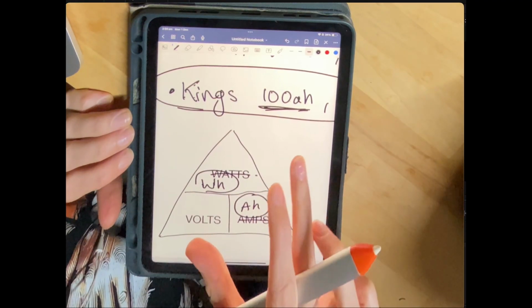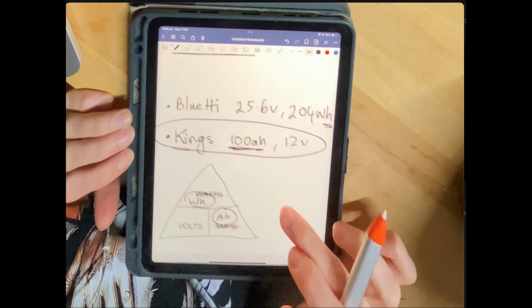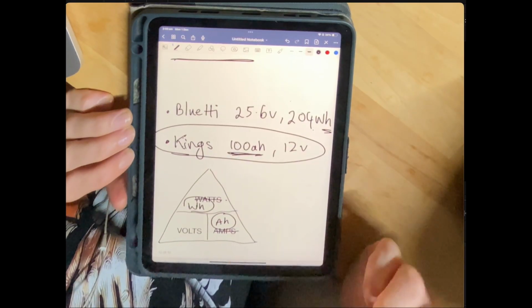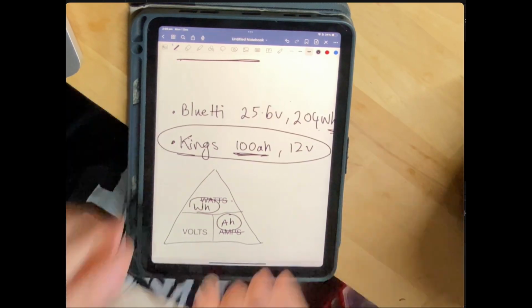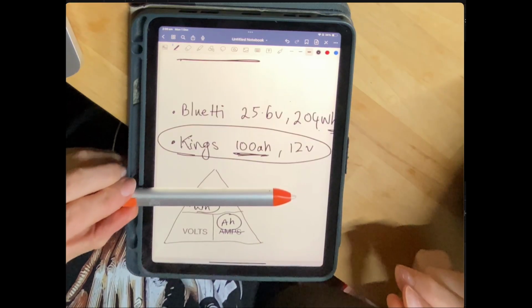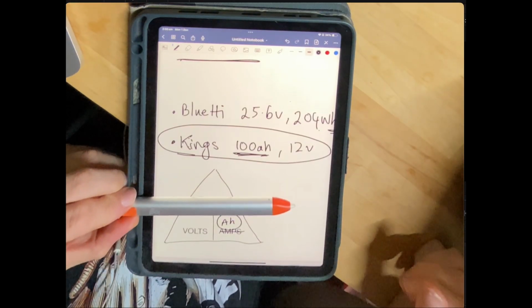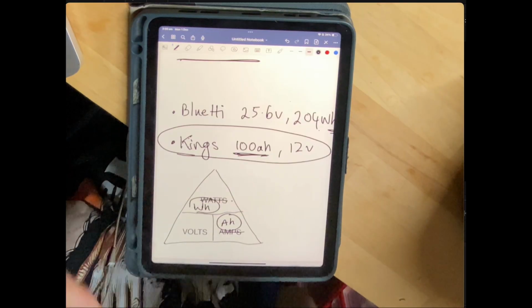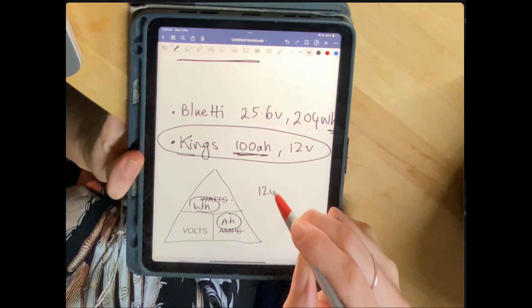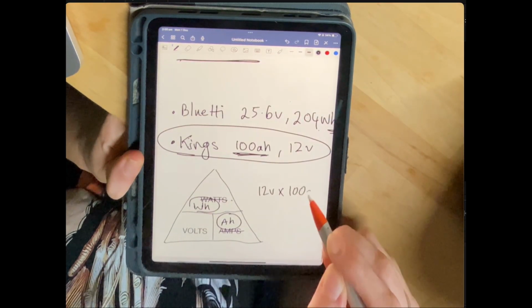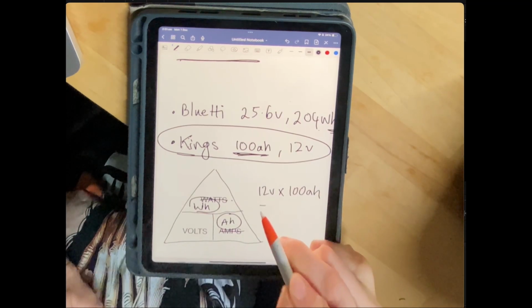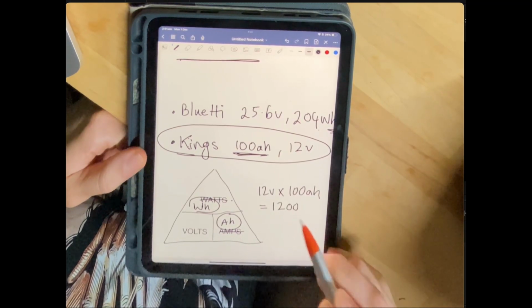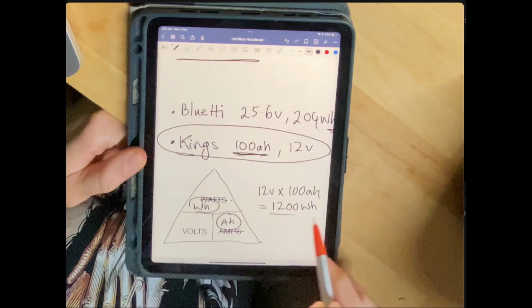So with that in mind, let's figure out how many watt hours, or the capacity, that the King's battery has. If I cover that, right? Cover the watt hours, that's what I'm trying to figure out. We have volts times amp hours. Okay, cool. That's easy then. It's 12 volts times 100 amp hours, and that gives us 1200 watt hours.